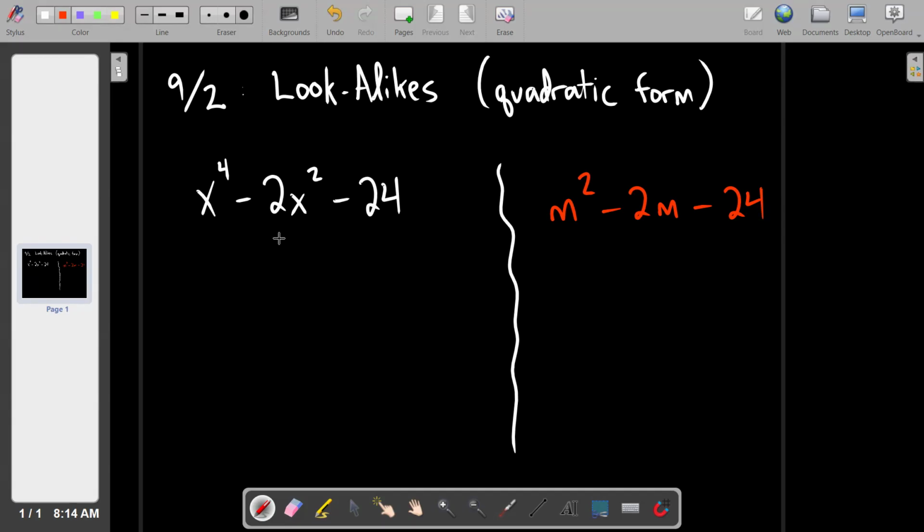So if we were going to do the red problem, we would factor it down into shells like this. You should have done, I mean, I can't even tell, 50, 80 of these by now this year, just a simple quadratic trinomial. And if we factored it down, we would put m's. And then, of course, we'd know that we need one of each sign to make the negative on the 24. So we're going to put one plus and one minus. And what are the magic numbers?